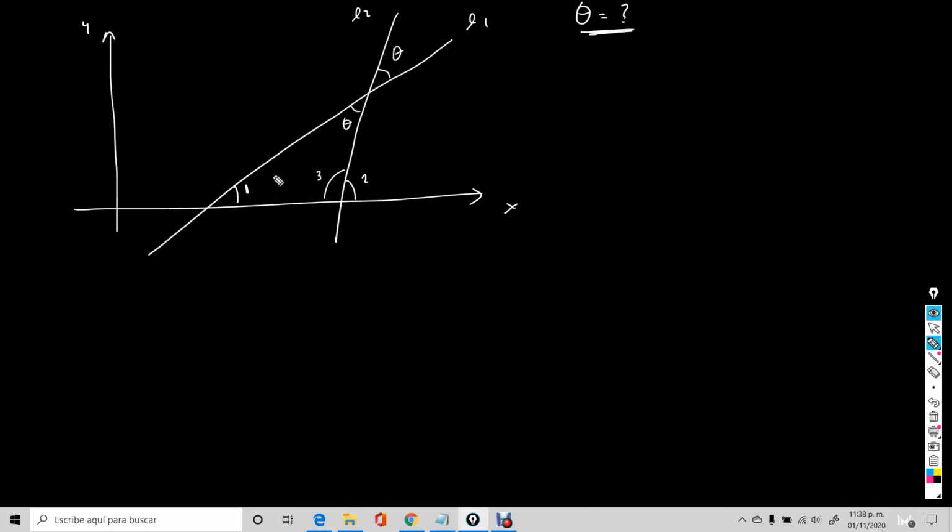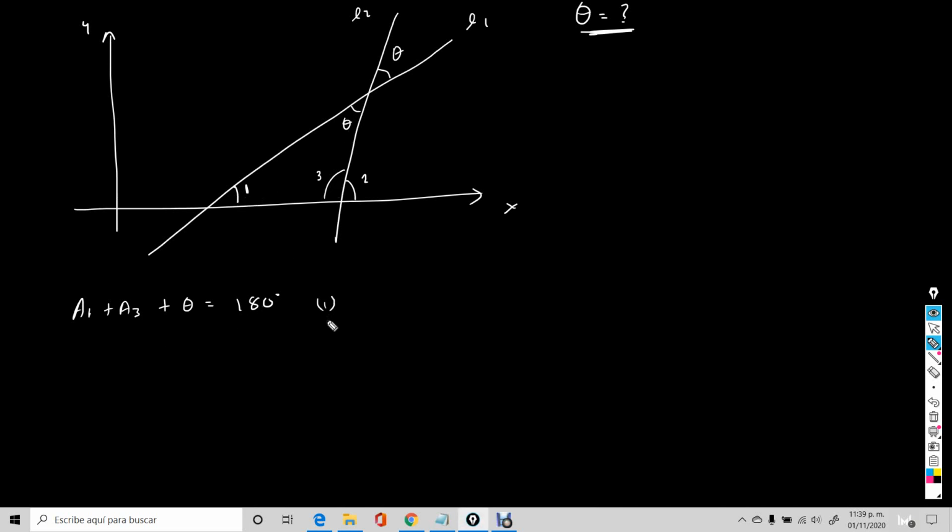I want you to look at this triangle right here, this one that I'm tracing, and you can see that its internal angles are angle 1, which is this, plus angle 3, which is this, plus theta. And a very well-known fact about triangles is that the sum of their internal angles is 180. So this plus this is 180.